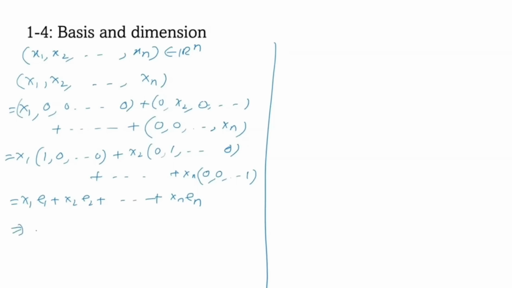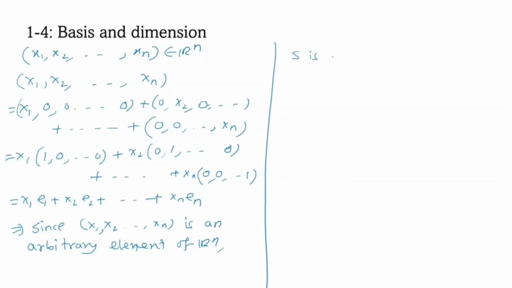Therefore, since (x1, x2, ..., xn) is an arbitrary element of Rn, S is a generator of Rn. So the dimension of Rn is equal to n.